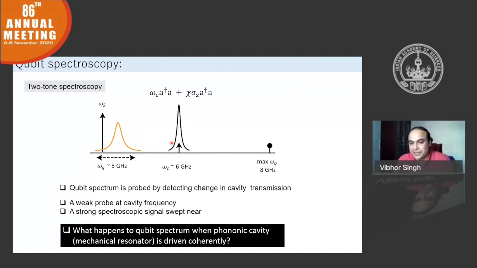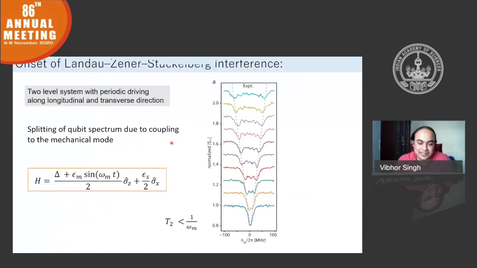These are the measurement results that we see in the qubit spectrum. We see the usual qubit spectrum when the mechanical drive is off, and as we start to increase the mechanical drive strength, the qubit spectrum splits with two global minima, and then there are a lot of interference patterns between the two valleys.